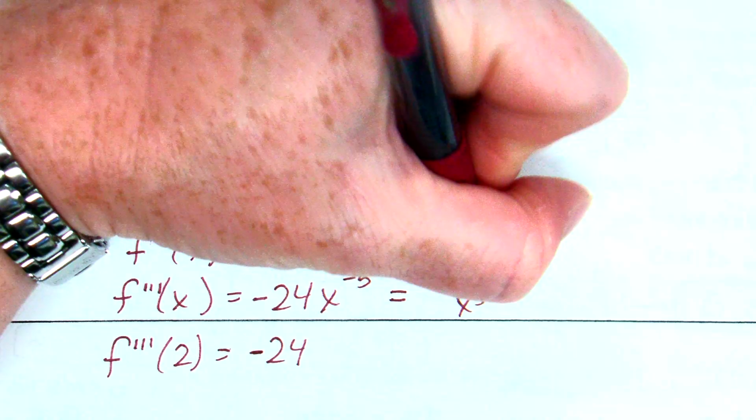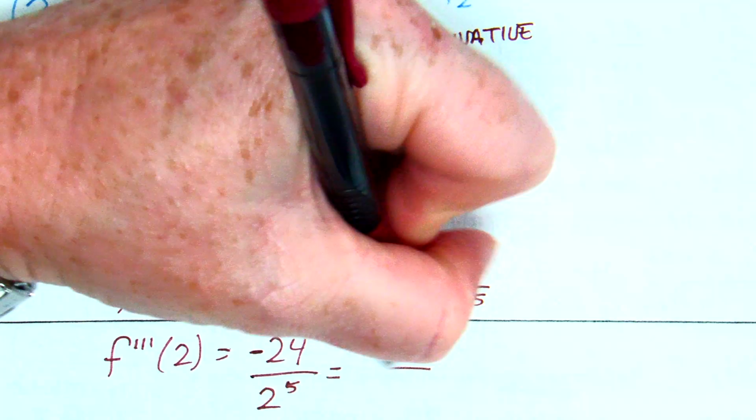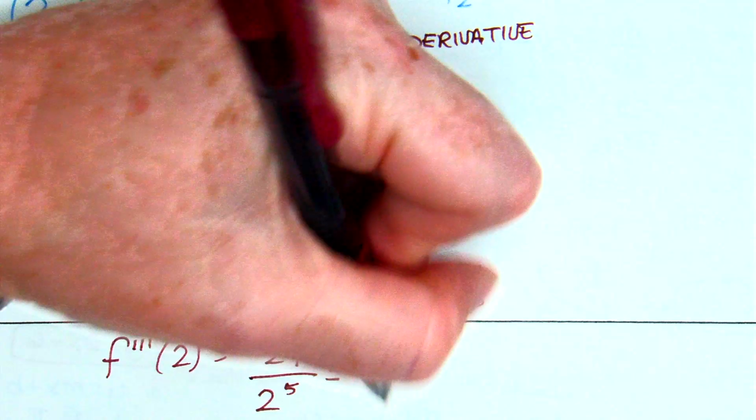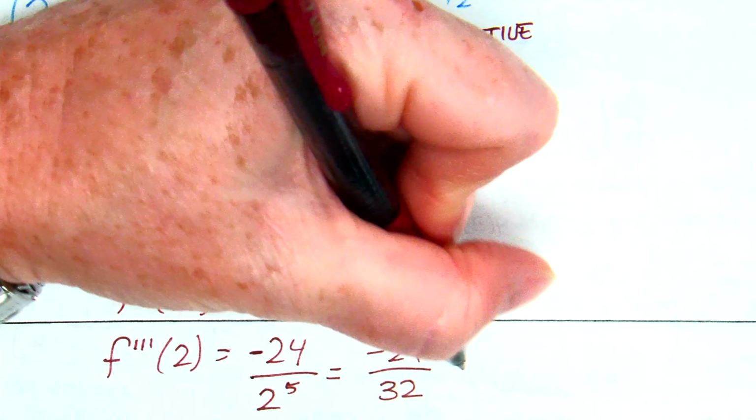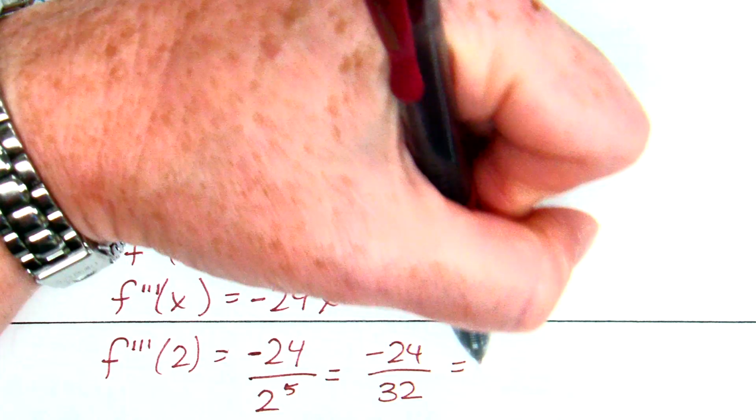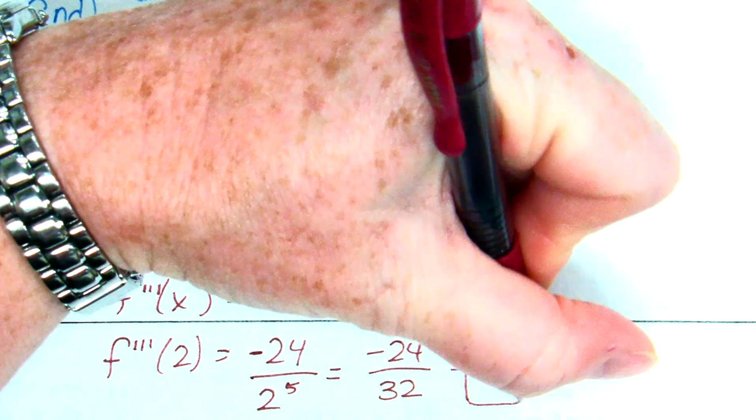And so now that I'm plugging 2 in, I should really think of it as negative 24 over 2 to the 5th. What is 2 to the 5th? 32. Negative 24 over 32 can be reduced if you choose to. Divide them by 8, and it's negative 3/4.